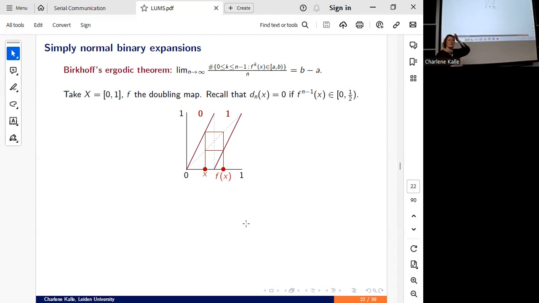This is what we did before. So for each x and each n, if we look at this quantity here, which corresponds to the thing at the top, what does this tell you? What's the interpretation of this?